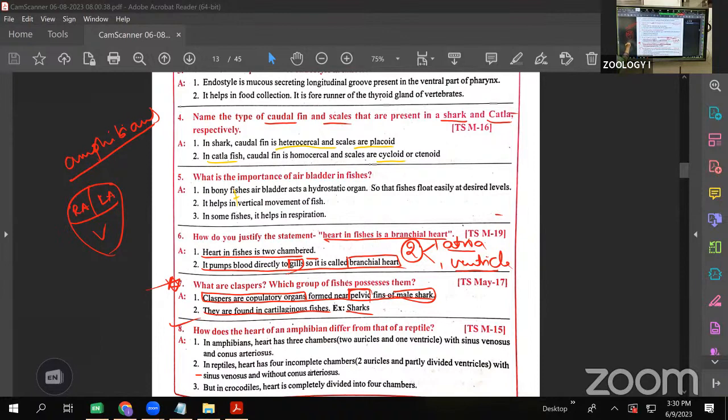What about the reptilia? Reptilia has an incompletely divided heart with four chambers. They have two atria, the right atrium and the left atrium, and the ventricles are incompletely divided.